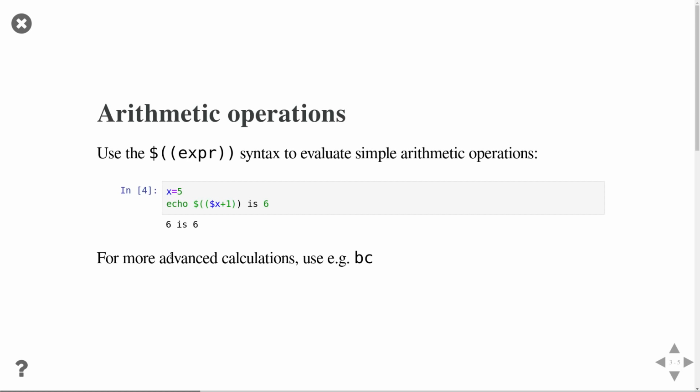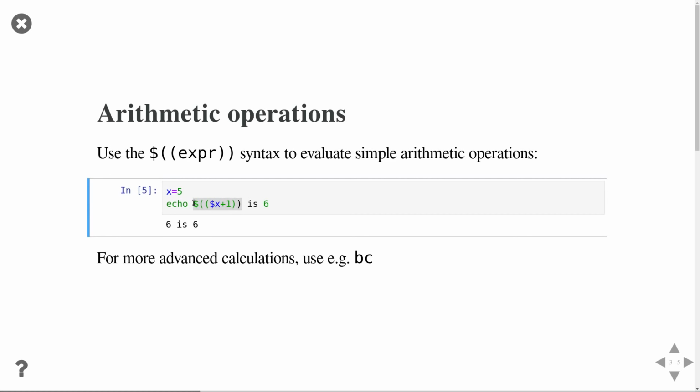So for instance, if you want to just increment or just add 1 to an existing variable, so we have x equals 5, and then we want to compute x plus 1. Right? So that's how you do it. You just write x plus 1. So you see you can do variable substitution also in these expressions. And then if you execute this, you get 6.